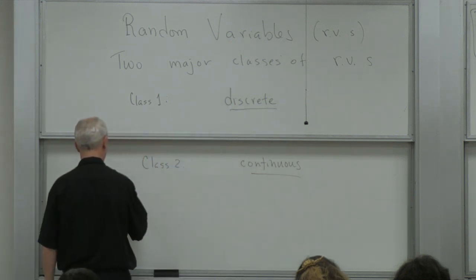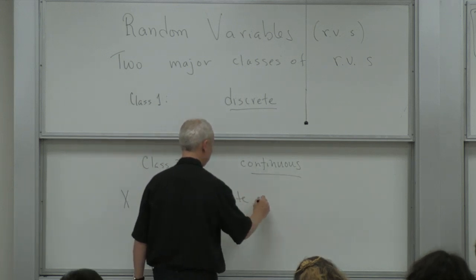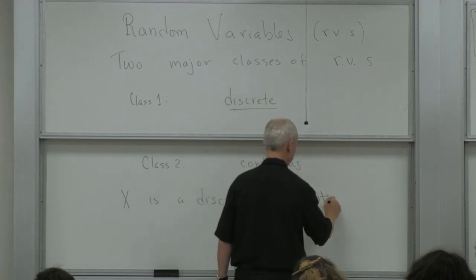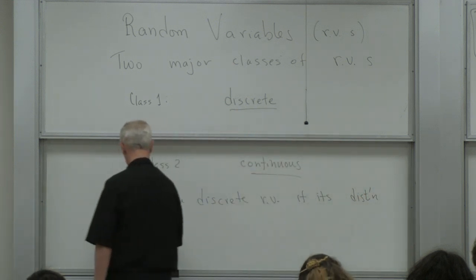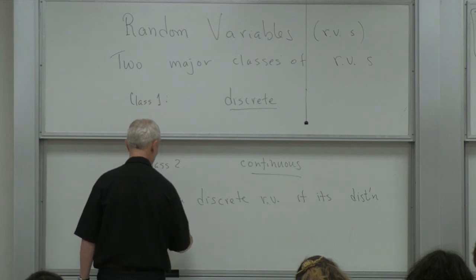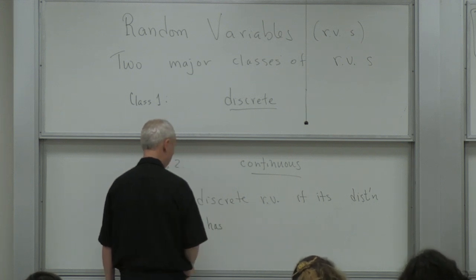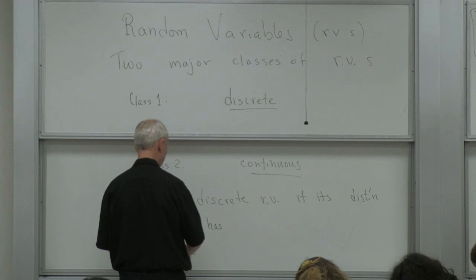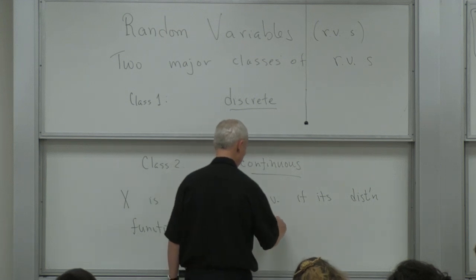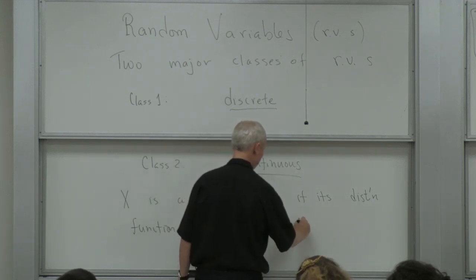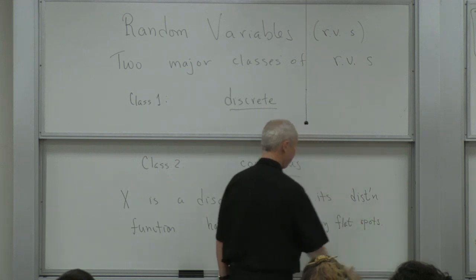Discrete and continuous. X is a discrete random variable if its distribution function... I'll say it that way.